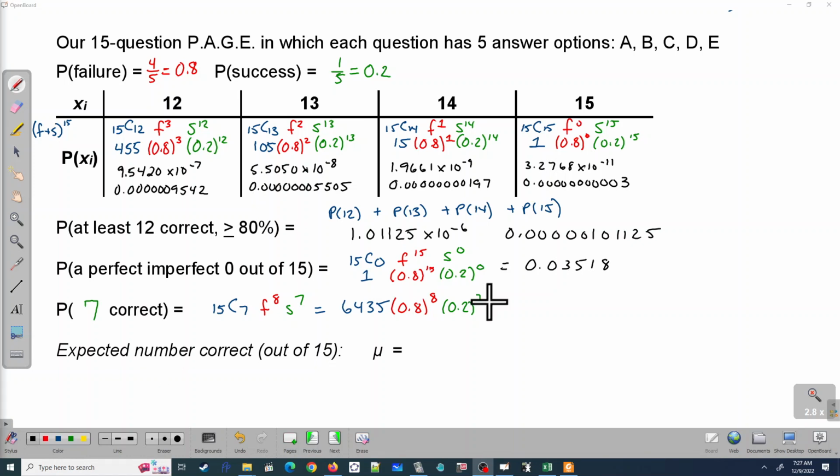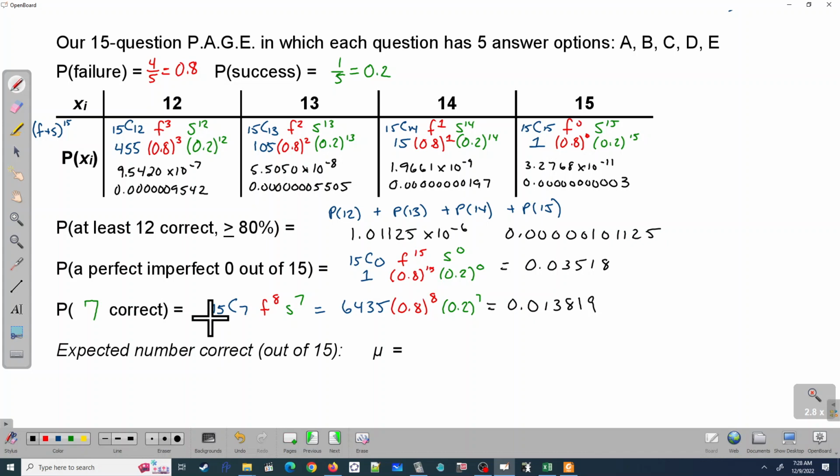And so when I work that on the calculator, I get 0.013819, or a 1.3% chance. So getting 7 correct at least registers as a percent, 1%, and it's roughly 1/3 the chance of getting all 15 questions wrong. Okay, so again, not likely to happen, but you do this enough times, you'll see it.